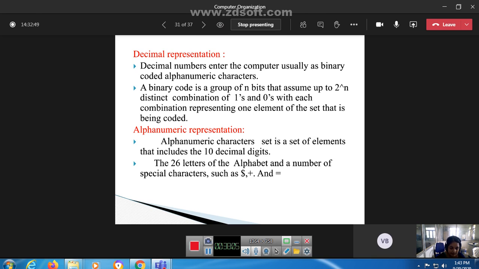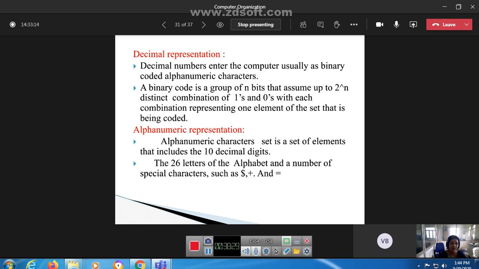An alphanumerical character set is a set of elements that includes the 10 decimal digits, the 26 letters of the alphabet, and a number of special characters such as $, plus and equals. The standard alphanumerical binary code is ASCII. ASCII is the full form of American Standard Code for Information Interchange.